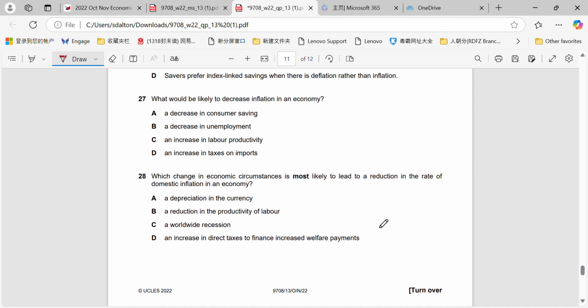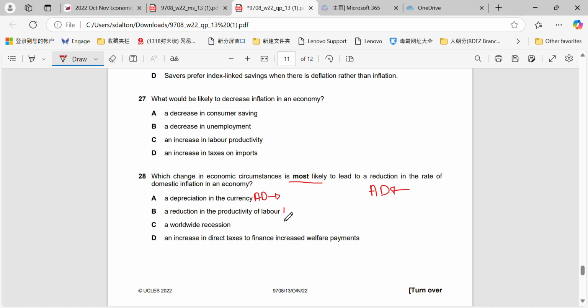28. What change in economic circumstances is most likely to lead to a reduction in the rate of domestic inflation? Okay, so again, what we're looking for is AD moving left. Depreciation of the currency, that would be AD right. So it would not reduce inflation, it would increase inflation.